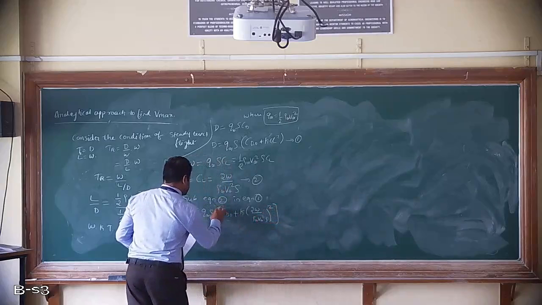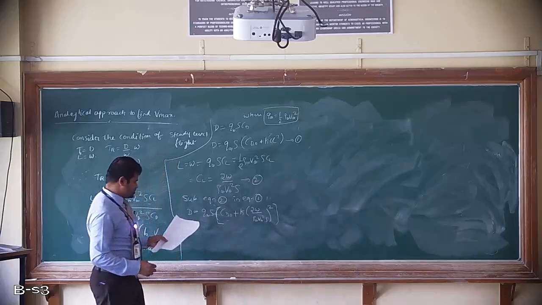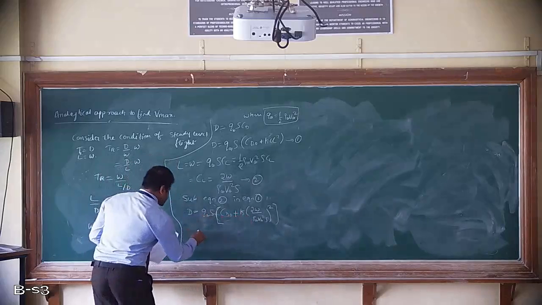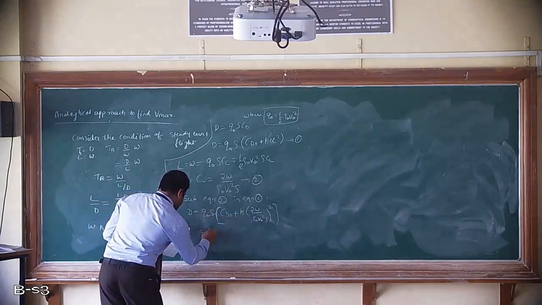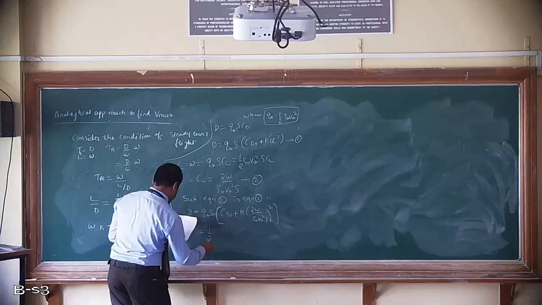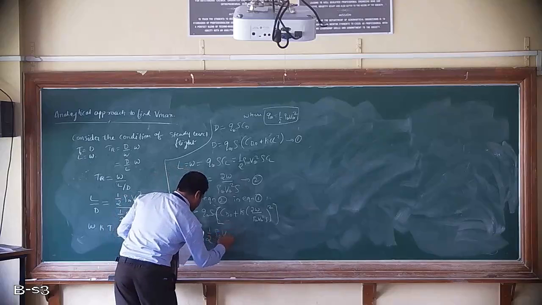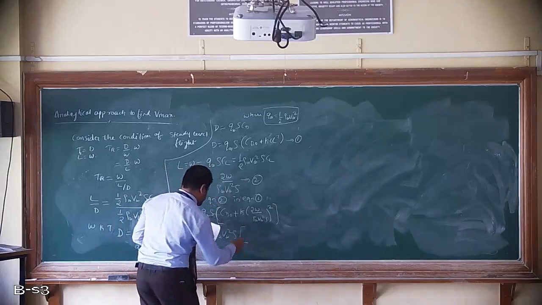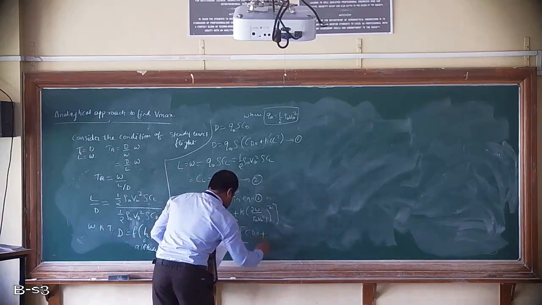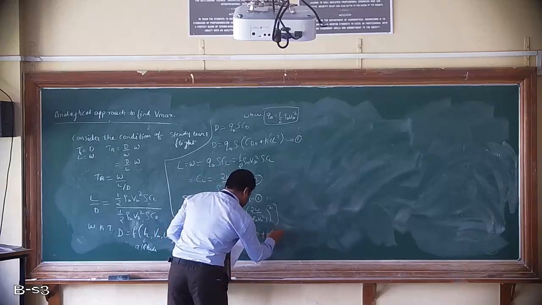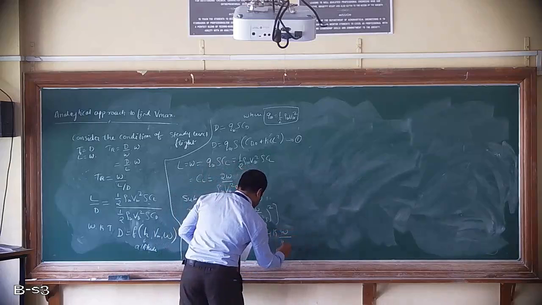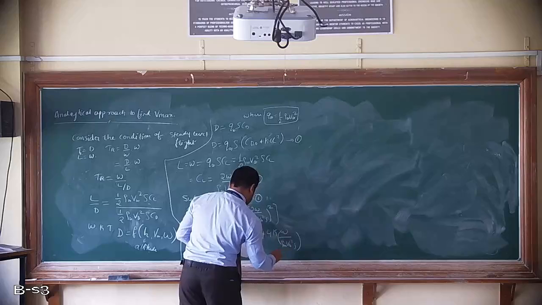This equation we will get. After expanding this, I'll rewrite it as half rho infinity V infinity square S multiplied by CD naught plus 4K W divided by rho infinity V infinity square S, whole square.